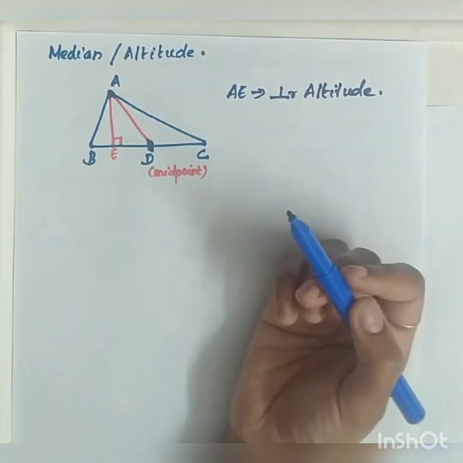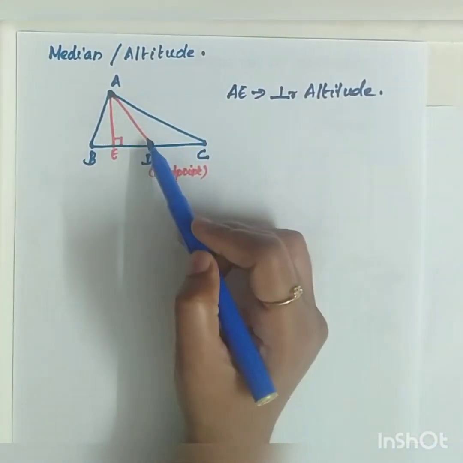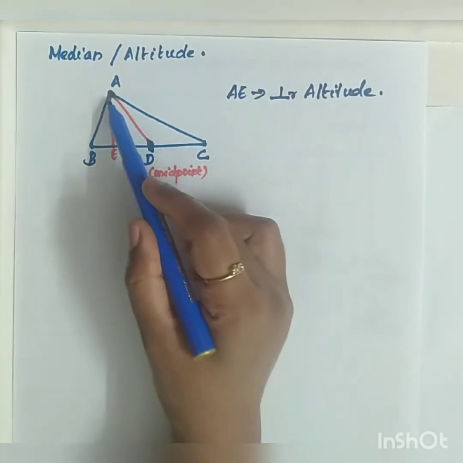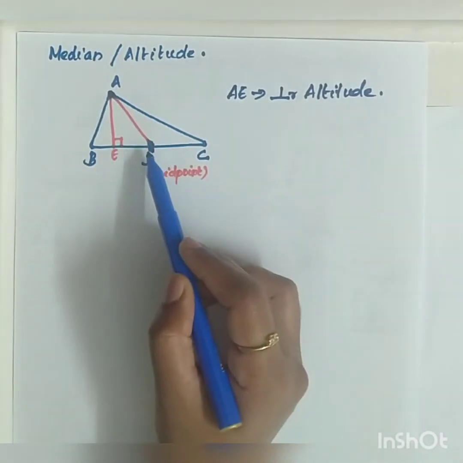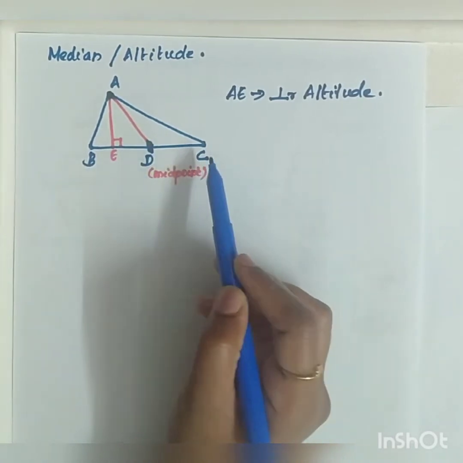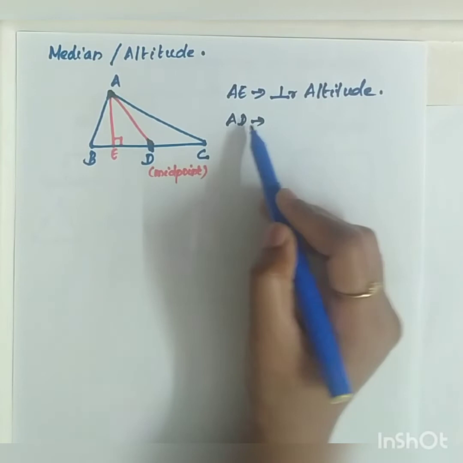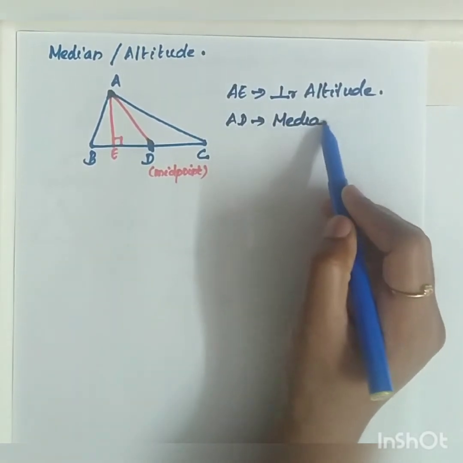Whereas the line AD, which is drawn from the vertex to the midpoint of the opposite side, is called the median. So in this case, the line AD is the median of the triangle.